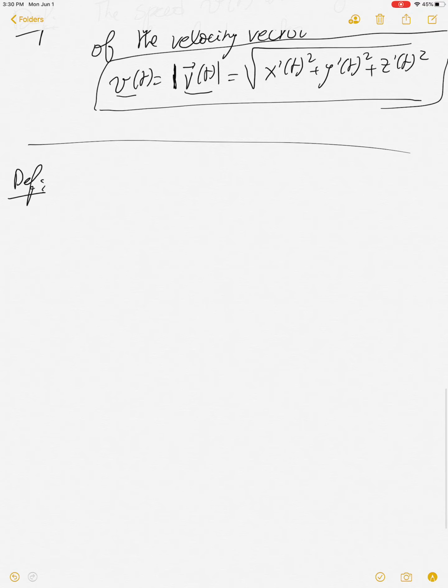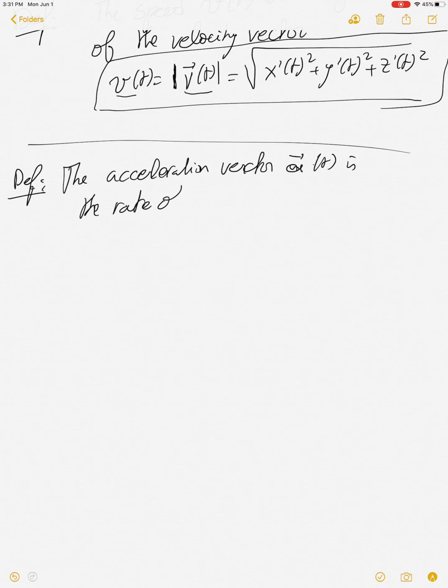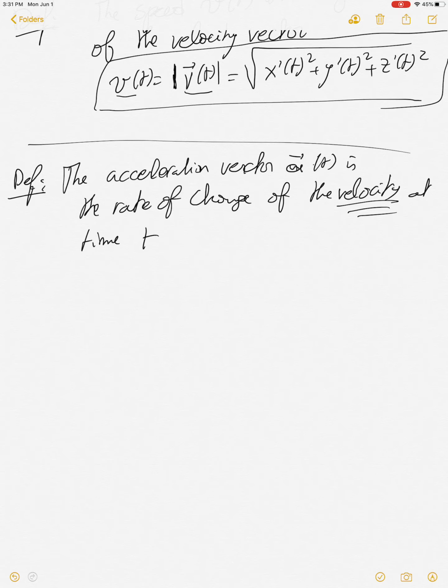Definition: the acceleration vector a of t is the rate of change of the velocity at time t. It is how much the velocity is changing.